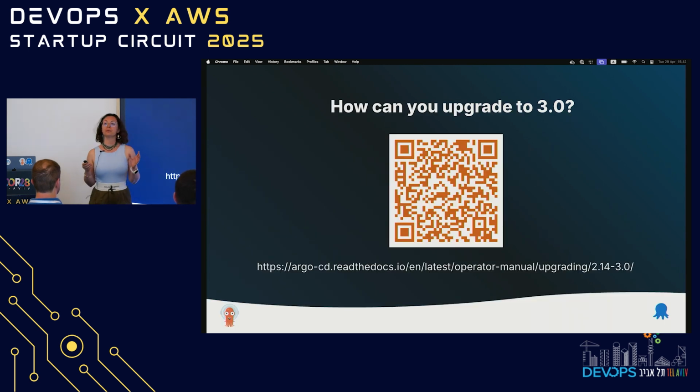How can you upgrade to 3.0? In this documentation, you can find all the details about how to find out whether you're impacted by the changes, and if you're impacted, how to actually overcome the breaking change, and where applicable, how to restore the version 2 default behavior.